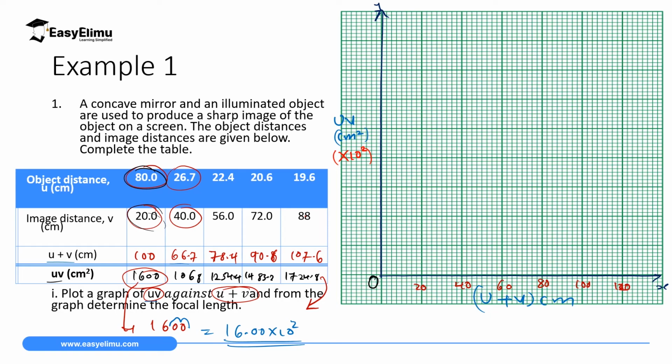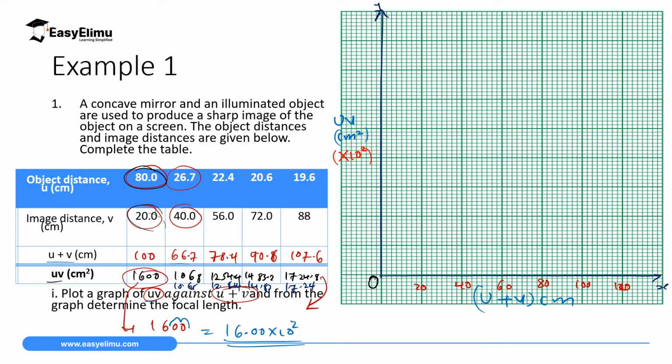So in this case, if now we write all these values in standard form in the UV column, then this is going to be 10.68. This is going to be 12.44. This is going to be 14.83. This is 17.24. Now, after this, what we do, we write that scale. So the lowest number is going to be 10.68. Then the highest number is 17.24.